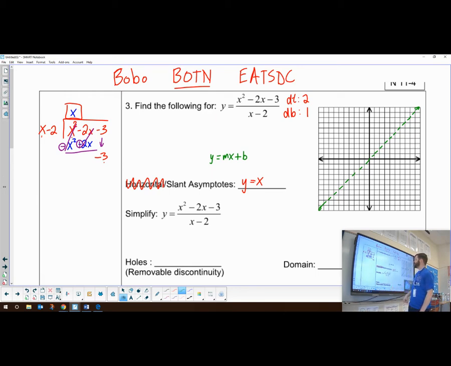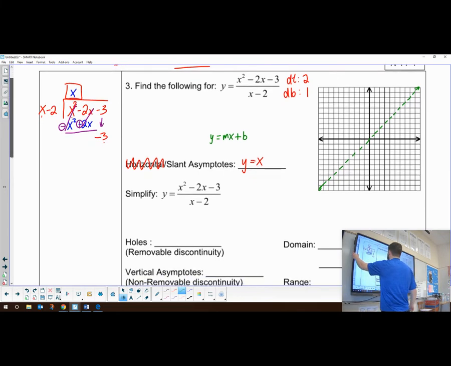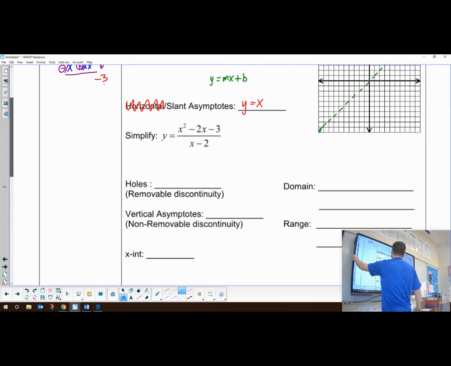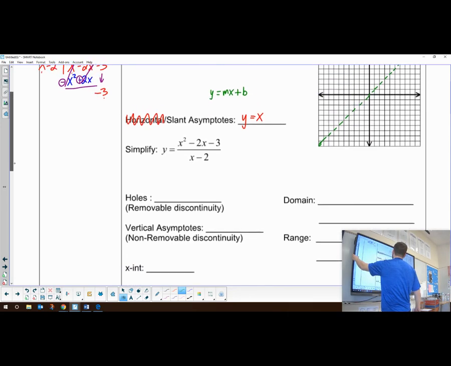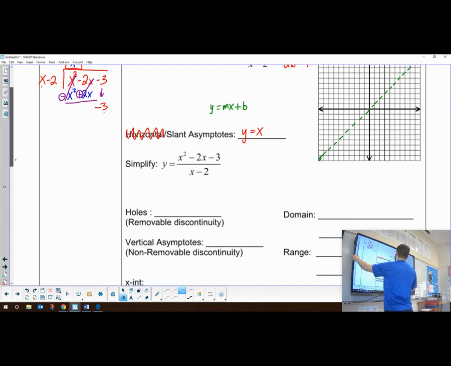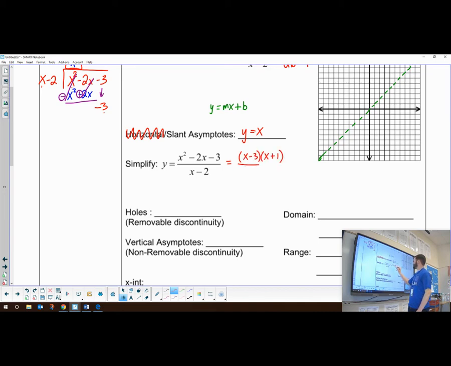Okay, so now we have my slant asymptote. Now I need to figure out my vertical asymptotes or my holes to my graph. So we're going to take a look and simplify my original equation. So remember, to simplify, we're going to factor the top, factor the bottom. So I'm going to factor the top here. x squared minus 2x minus 3 can become x minus 3 times x plus 1, and that's going to be over x minus 2.